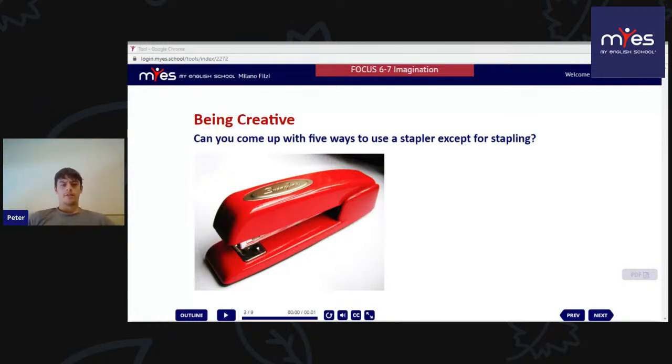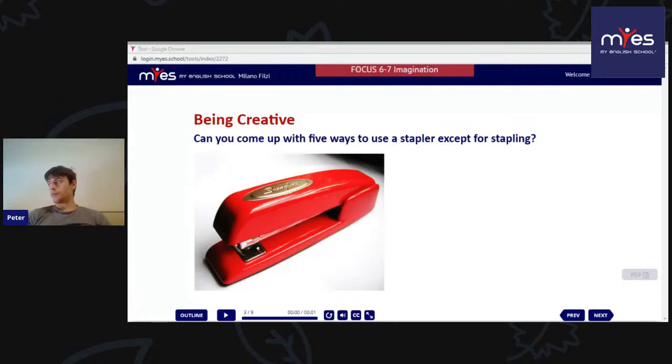I think it is difficult to think of 5 different ways to use a stapler. How else can you use a stapler? Another thing you can use a stapler for is as a door stop.